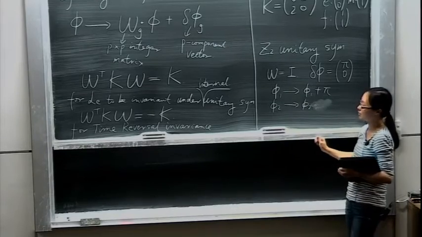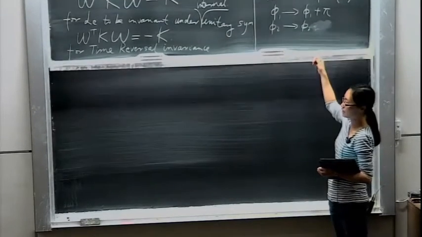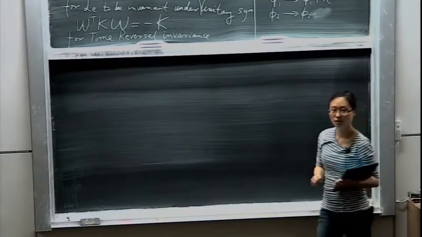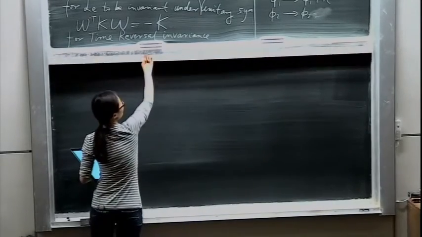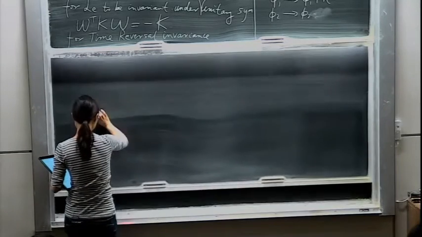And the consequence of this is that the creation operators for the quasi-particles transform under the symmetry. Remember that if we want to create an anyon, we just take the exponential of these phi fields.